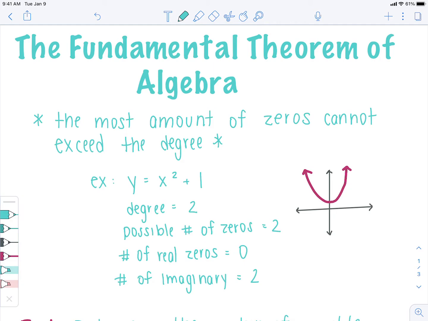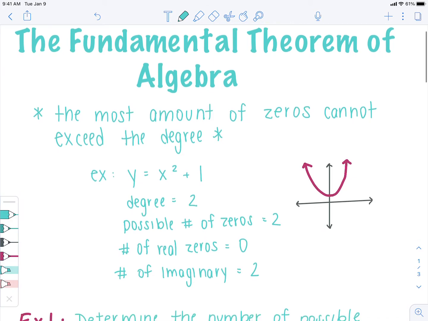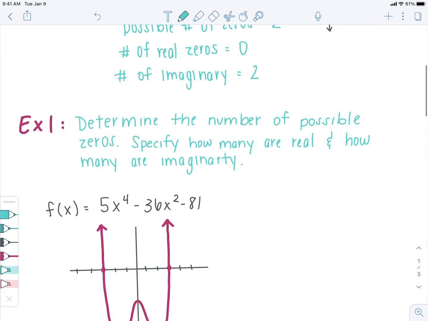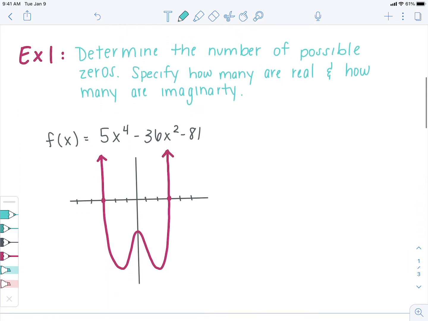So now the most complicated way I could ask this question would be for me to say determine the number of possible zeros, specify how many are real and how many are imaginary, and I give you an equation. So then with that equation, you're going to need the graph in order to see how many are real.